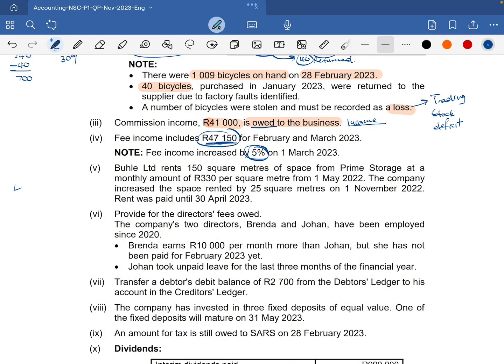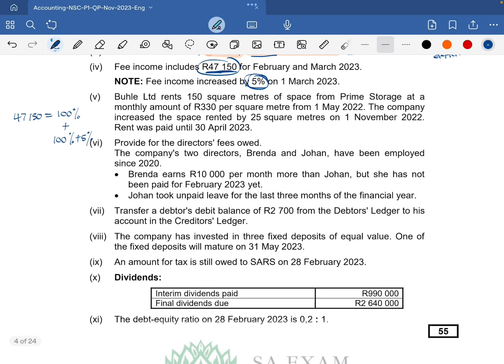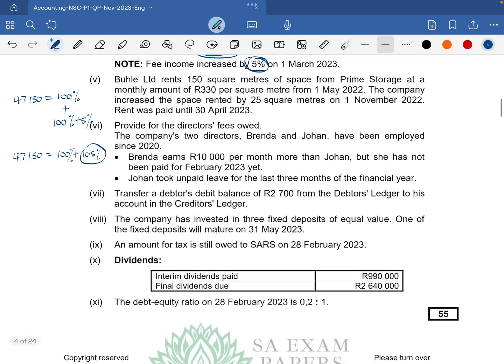Okay, so we know that the 47,150 is comprised of the 100% that was paid in Feb plus the 100% that was paid in March plus the 5% increase. Right now, we are going to say the 47,150 is equal to 100 plus the 105%. But what we want is the 105% only, because that is what we want to eliminate.